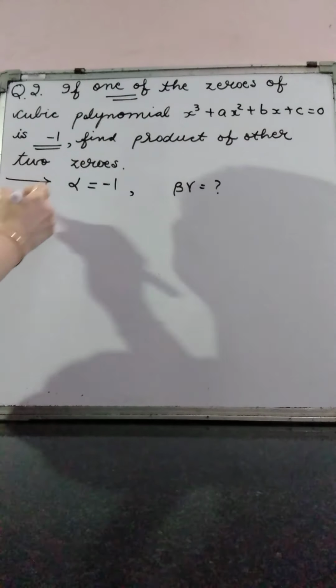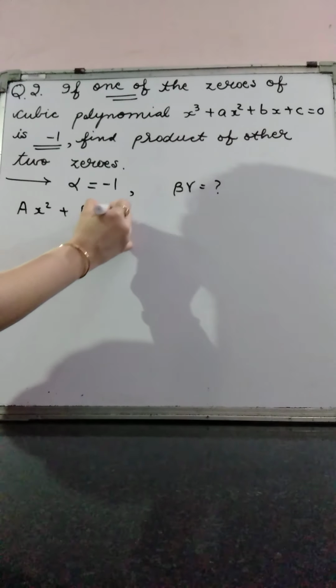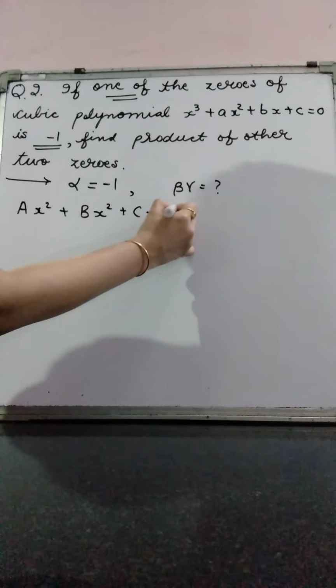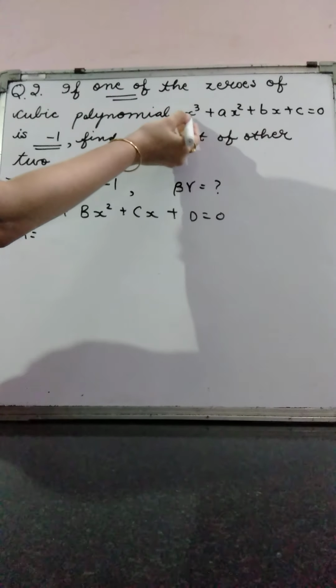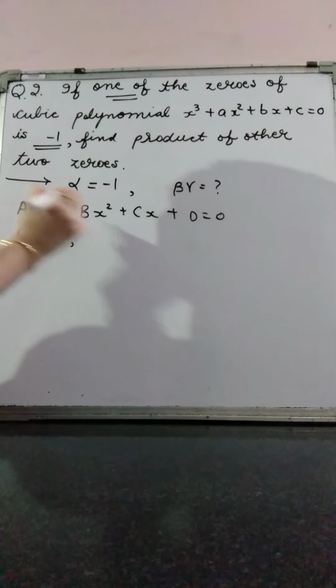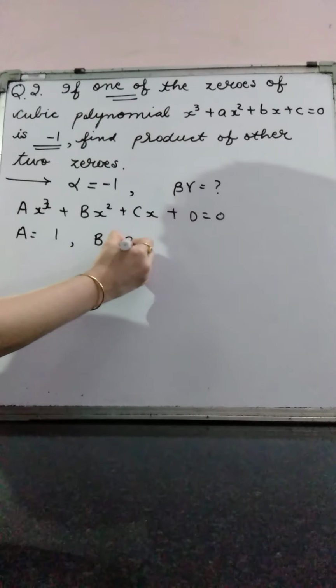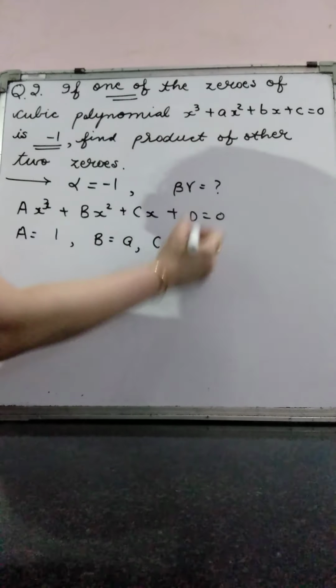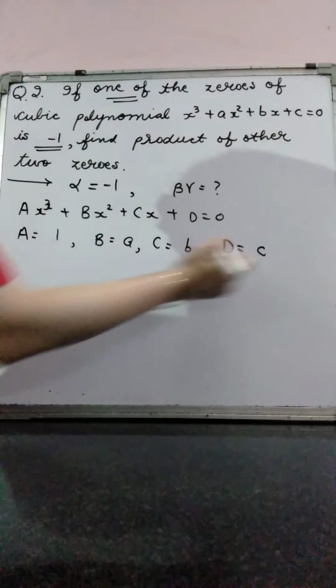Then compare it with ax cube plus bx square plus cx plus d. You get the value of capital A, the coefficient of x cube, is 1. The value of b is a. The value of c is small b, and the value of d is small c.